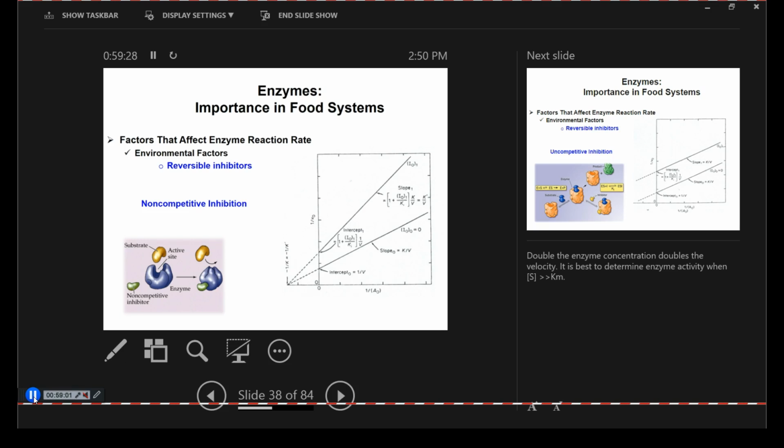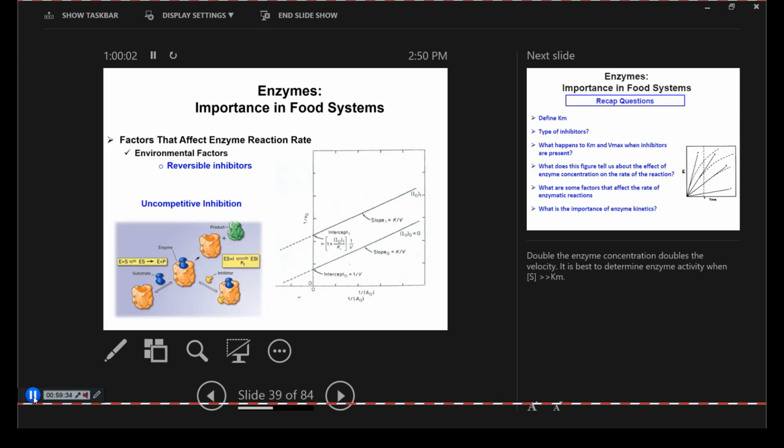So in this case, the affinity is not impacted, but the velocity of the reaction is impacted. So here we see the slope is higher, not because Km changed, but because Vmax is lower. When Vmax is lower and Km is the same, we still see a higher slope. So in this case, it is non-competitive.